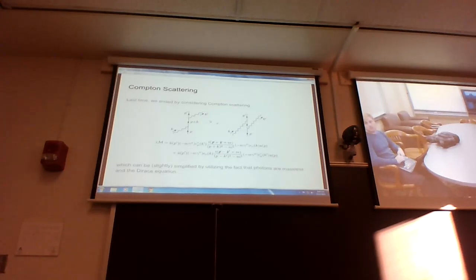In this case, you have the photon and the electron coming in, going through an S channel, and producing a final state photon and final state electron. And in this case, this is a U channel diagram. So we had S and U channel diagrams.